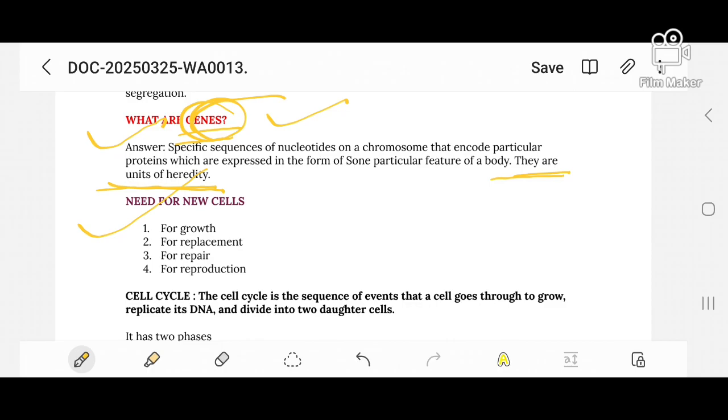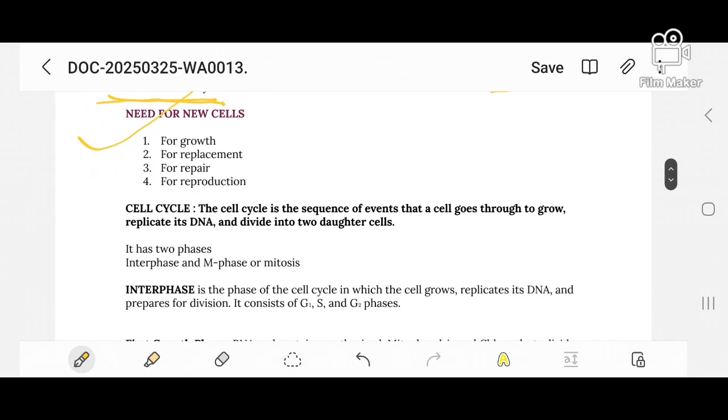It is very difficult for one physics teacher, or even 2 physics teachers, to handle 4 sections. So we need a new teacher, for reproduction, so that the burden on that one teacher is reduced. The same is here. New cells for growth. If that one physics teacher is not teaching physics very well, he or she can be replaced by another teacher, for replacement, because he or she is not capable of teaching.